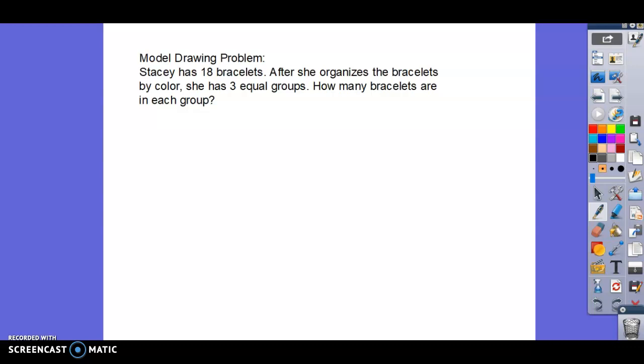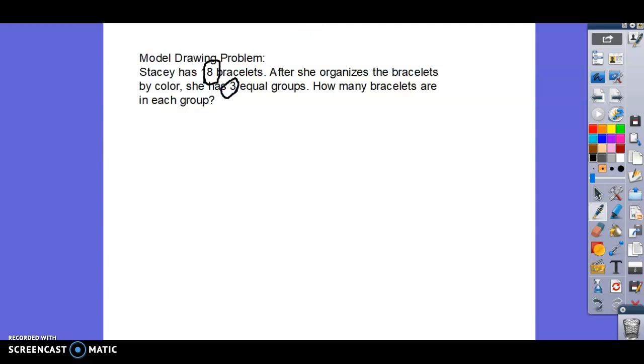So Stacy has 18 bracelets. I'm going to circle this number 18 because that's a very important number. After she organizes the bracelets by color, she has 3 equal groups. I'm going to circle that number also because that's important also.